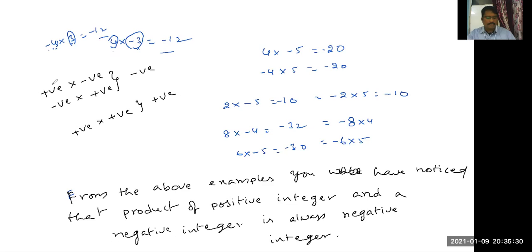Next, multiplication of two negative integers. See this pattern. Here we are knowing the values by pattern only. 4 3s are 12, 3 3s are 9, 2 3s are 6, 1 3s are 3, 0 3s are 0.